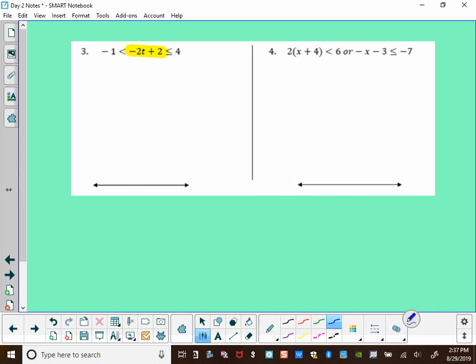My goal is to get that variable by itself, the variable which is t. So I first need to get rid of this positive 2. How do I do that? Subtract 2, but I'm not just subtracting 2 from the middle, I'm subtracting 2 from each side. Everyone is getting a 2 subtracted.